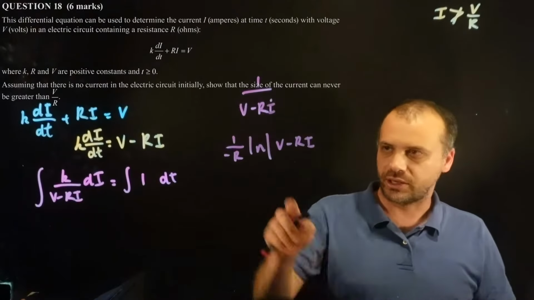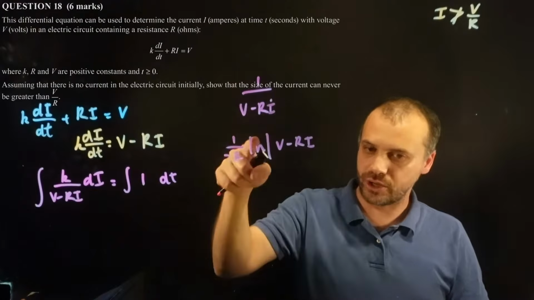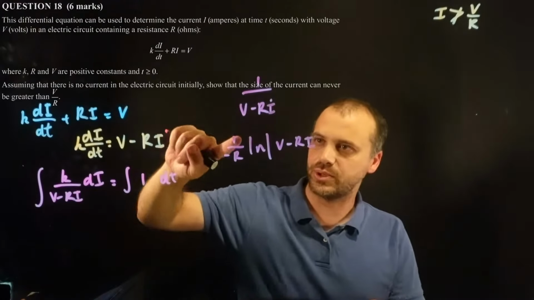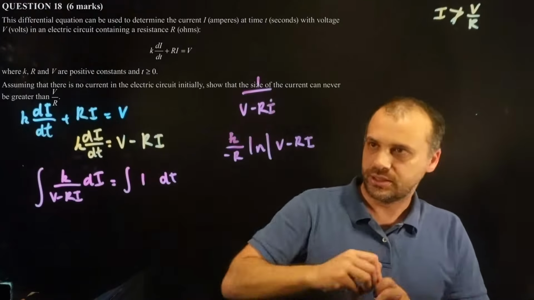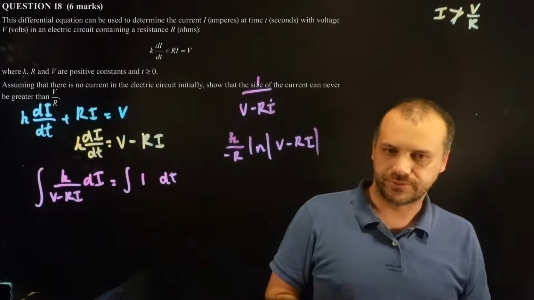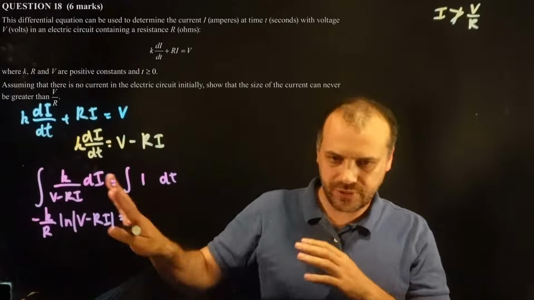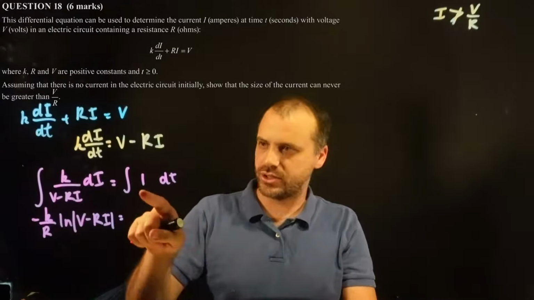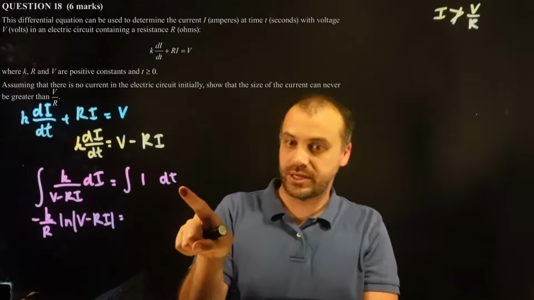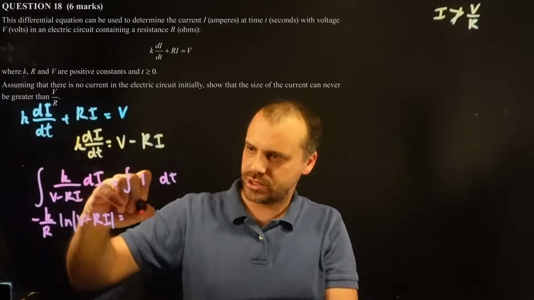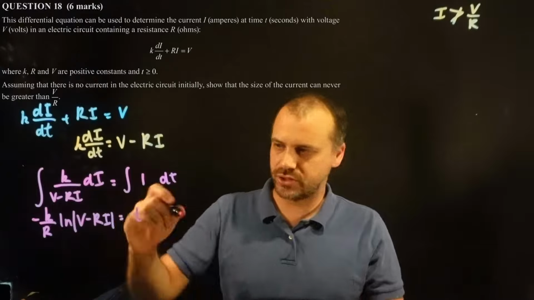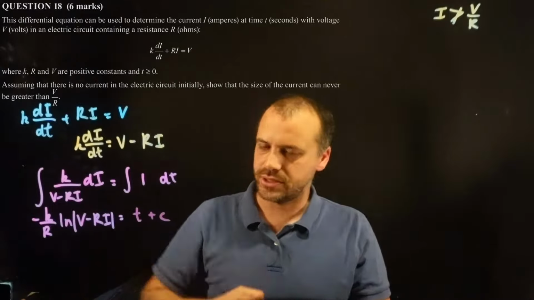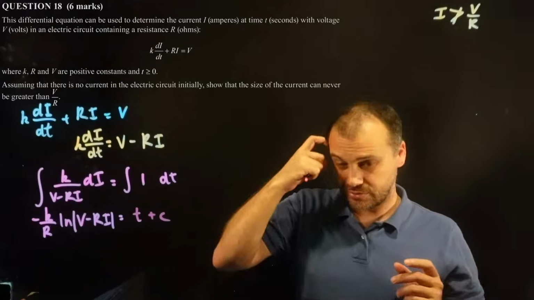All right, so that's where we would end up if it was 1 over, but it's not 1 over, there's a K there as well, so we multiply it by K, and we're going to end up here, absolute value. All right, so there's our integral of the left-hand side, the integral of the right-hand side. The integral of 1 with respect to t is just t, and there is a plus C here somewhere because we've integrated both sides. Okay, so far so good.